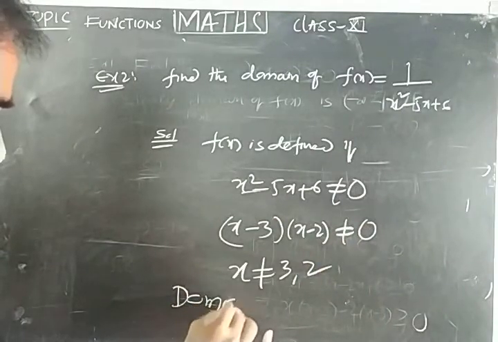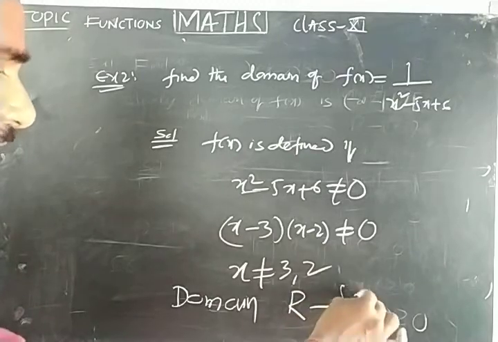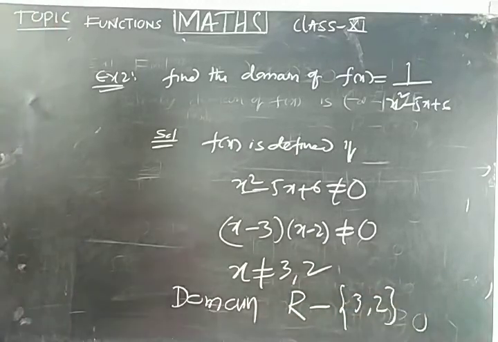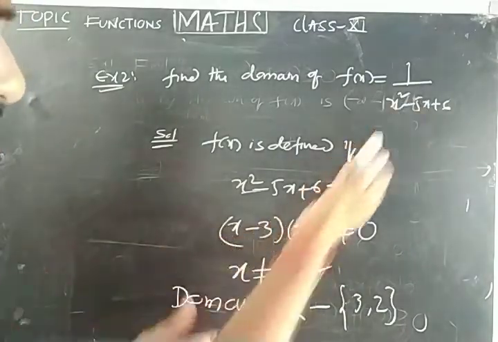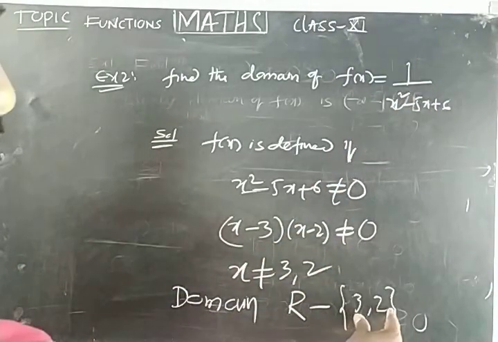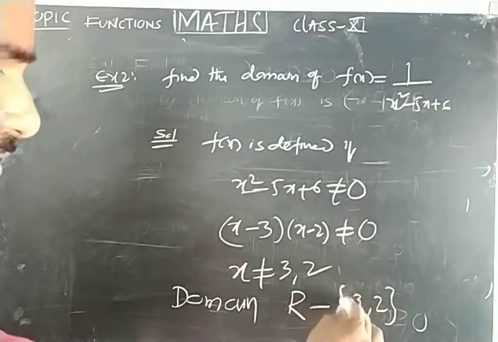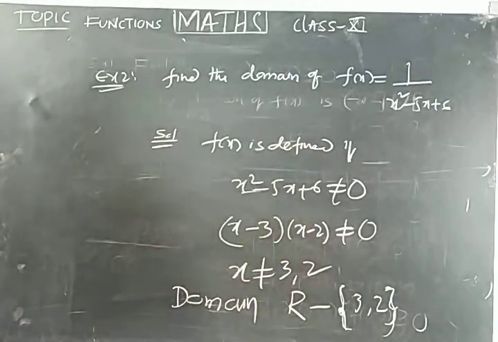Clearly, the required domain is the real numbers minus {3, 2} alone, not an interval. Only 3 and 2. If you substitute 3, it will be 0. If you substitute 2, it will be 0. But in between 2 and 3 you can substitute, no problem. So I am subtracting only the values 3 and 2. So it is a set, not an interval, from real numbers. So this is the required domain, right?